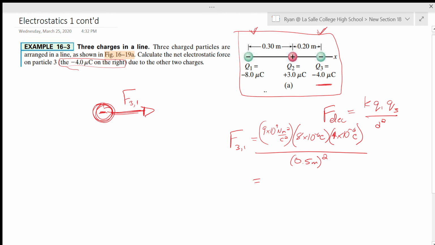When we do this, we end up with, if my math is right here, hang on a second.